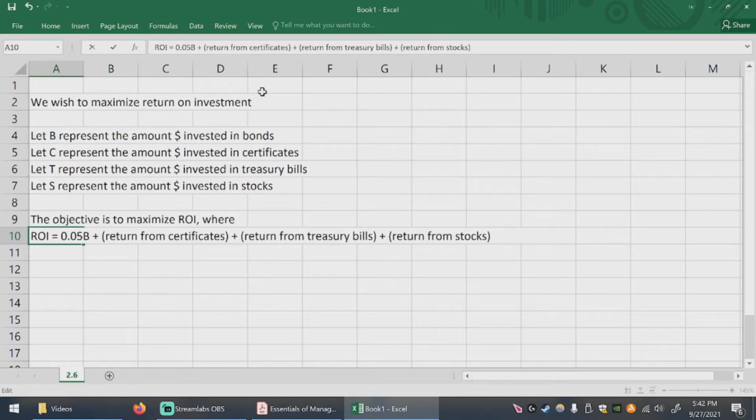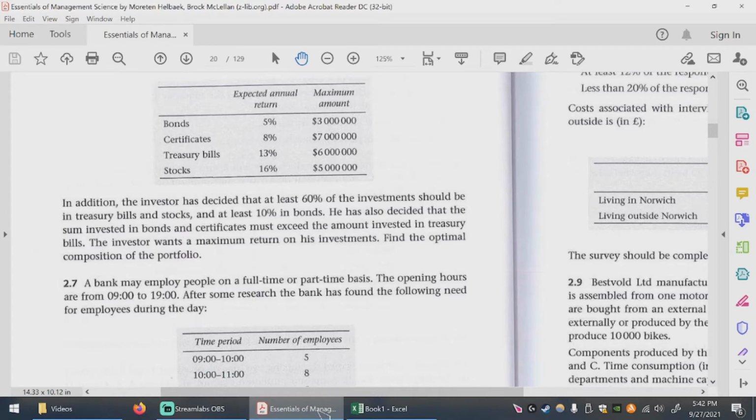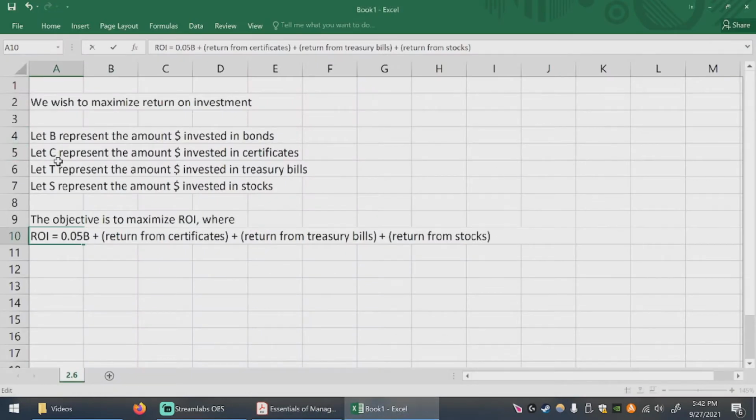You're welcome to leave the brackets. It's a percentage of the amount. Return from certificates, percentage is 8% of the amount invested, which is C.